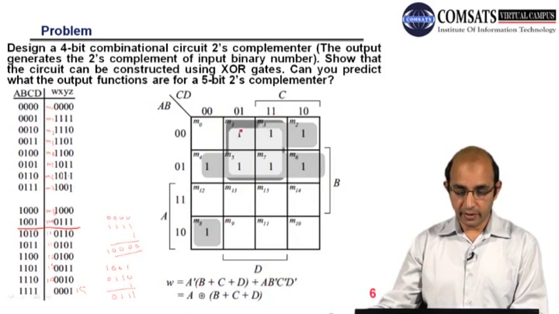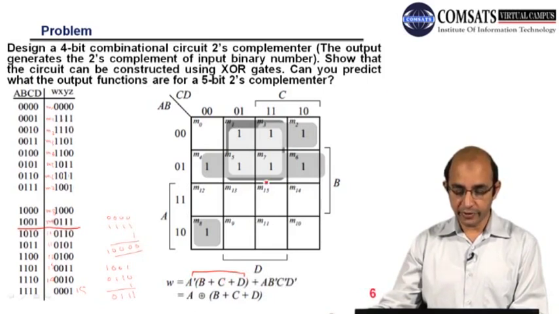And then for this square we will be having what, right? We have A bar, right? And C will be eliminated, right? So we will be having D. So A bar D. So this will be the term A bar D, because A bar has been taken as common, right?